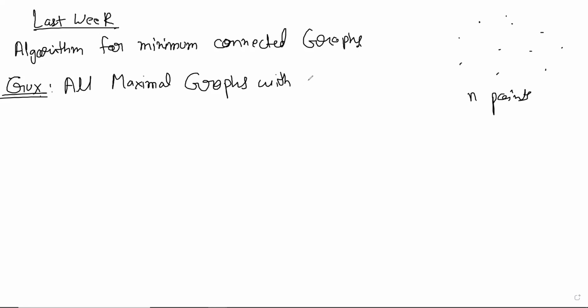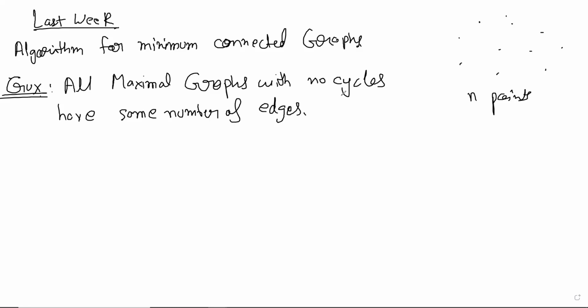All maximal graphs with no cycles have the same number of edges. And obviously this is the same as minimum connected that we know, right? But this is what we were claiming, right?